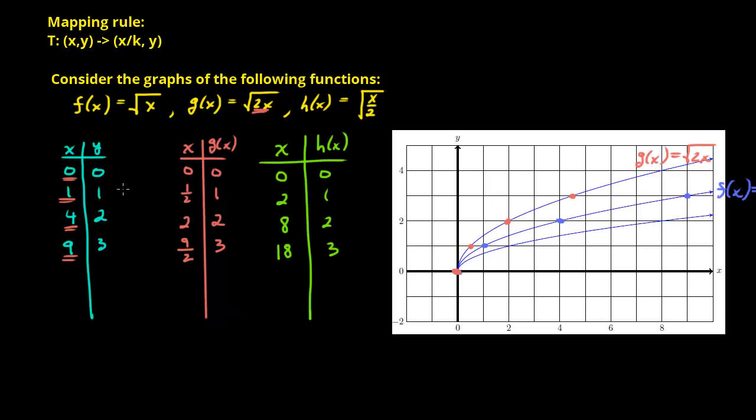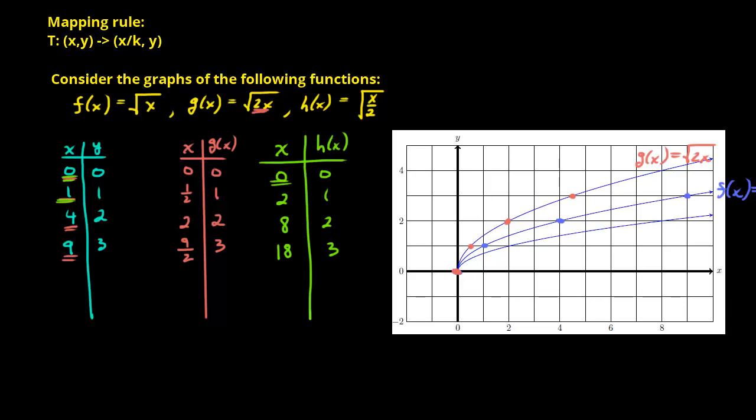So here, you can see that the x values on the key points of h of x are related to the x values of the key points on f of x through multiplication by 2. If you multiply the x values of f of x by 2, you'll get the x values of the transform points on h of x.